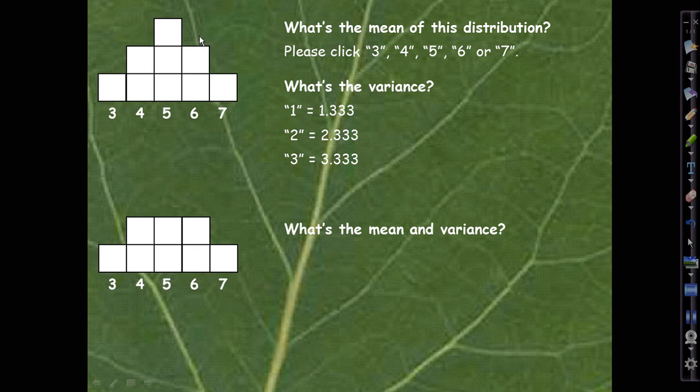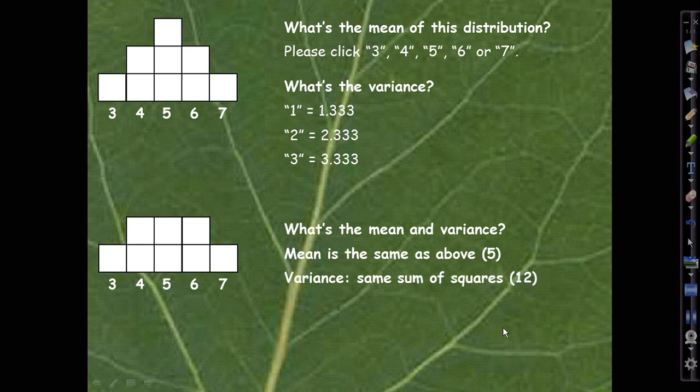It's just like that one, only it's missing the third individual with a value of 5. The mean is obviously the same as above, it's 5. The variance has the same sum of squares, which was 12, you may remember from the previous slide, because these ones contribute 0, but now there's one fewer item.